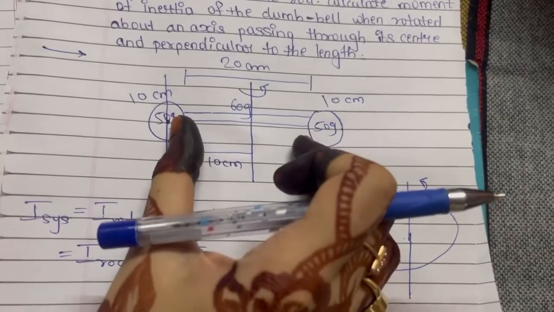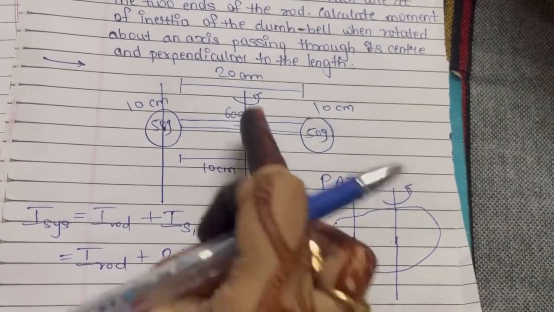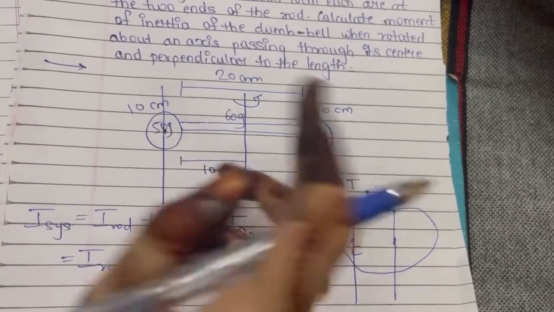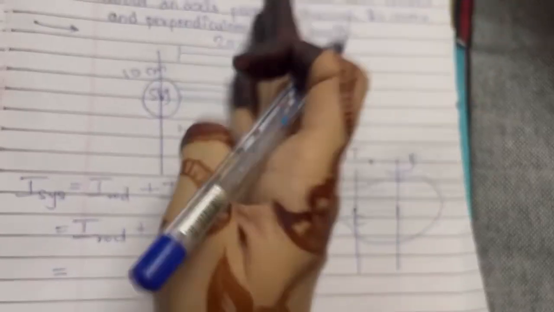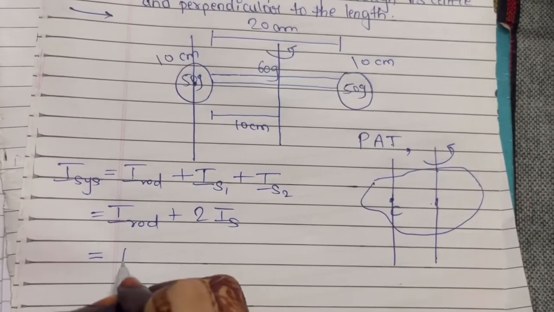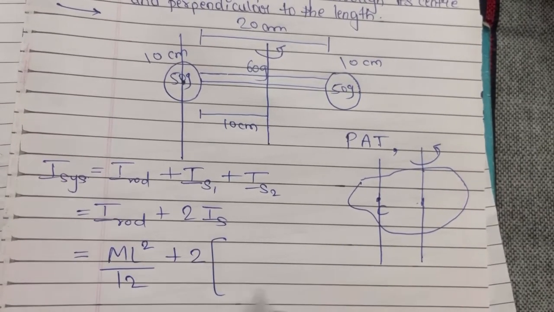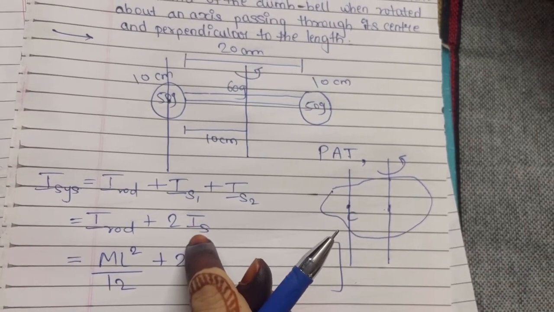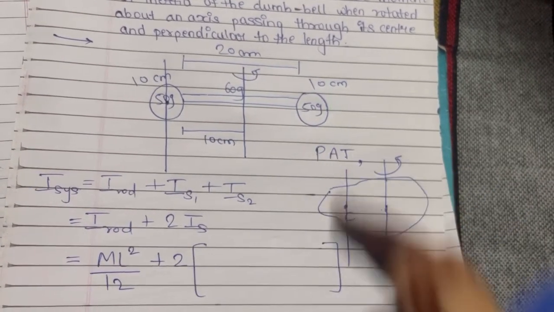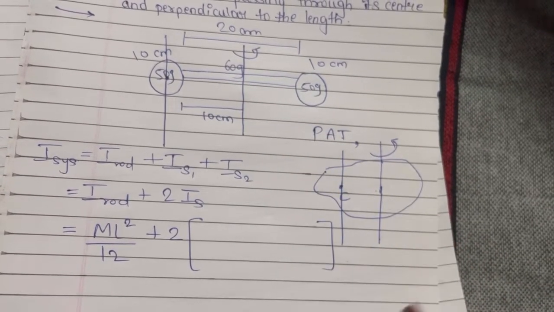Now just for the rod, the axis of rotation is passing through the center and it is perpendicular. So in that case, the formula for moment of inertia is ml² upon 12, plus 2S. Now for the two spheres, we will go with the formula of the parallel axis theorem.